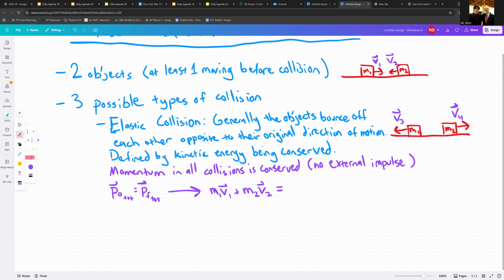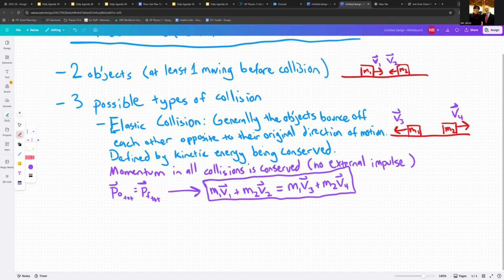So v3 and v4 here are how fast they're moving after they collide. So the post-collision momentum would be mass 1 times its new velocity v3 plus m2 times its final velocity v4. All right. And that is what the conservation of momentum equation looks like for an elastic collision.